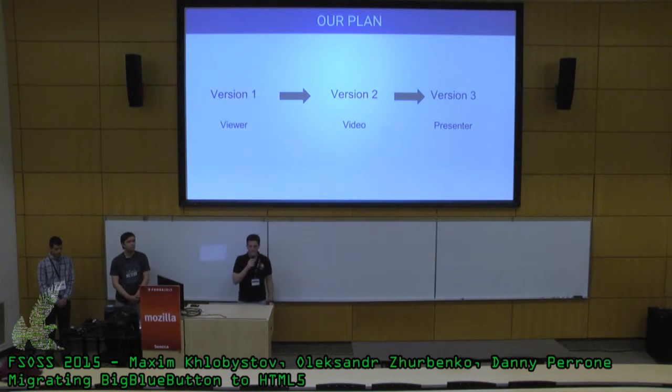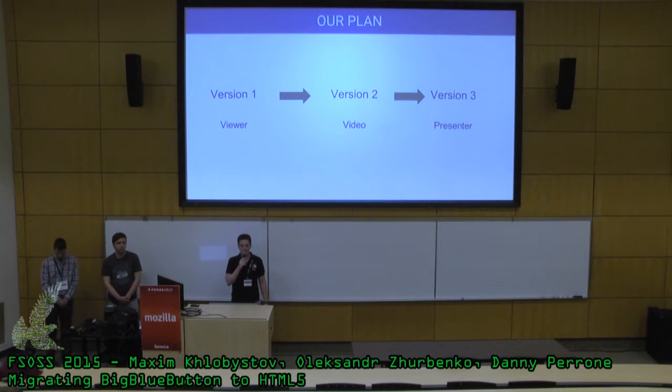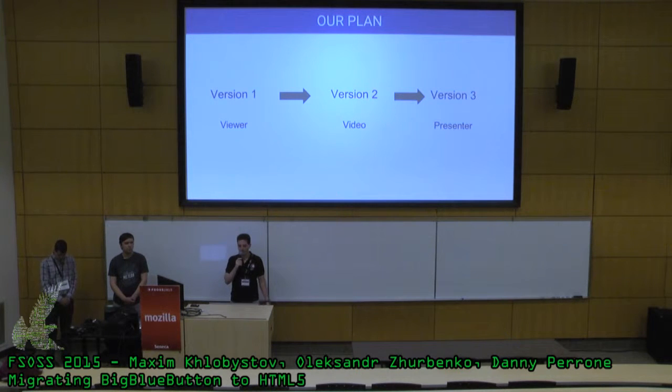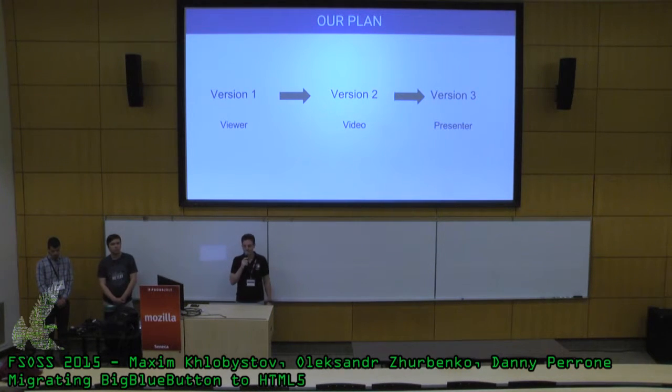To reach this goal, we have to go through 3 main versions of the HTML5 client. The first version we released in May. It's a stable, ready-to-go HTML5 client, but it covers just the viewer perspective. The second version, the next one, will include video and desktop sharing features. And the last main iteration will have all of the presenter functionality.